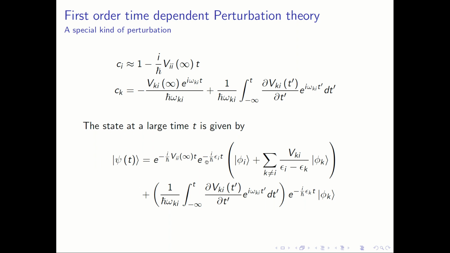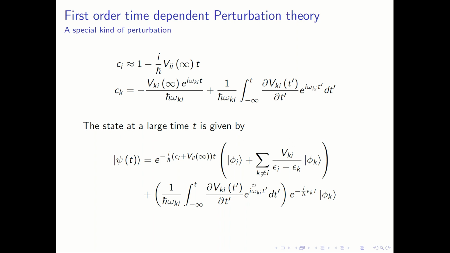And what does it tell you? It tells you that the ith state has been changed to this, to first order in perturbation theory, and the energy of the ith state has changed from epsilon_i, the unperturbed value, to epsilon_i plus V_ii infinity, and that exactly is the result from first order perturbation theory. That is exactly how much the first order energy correction is.